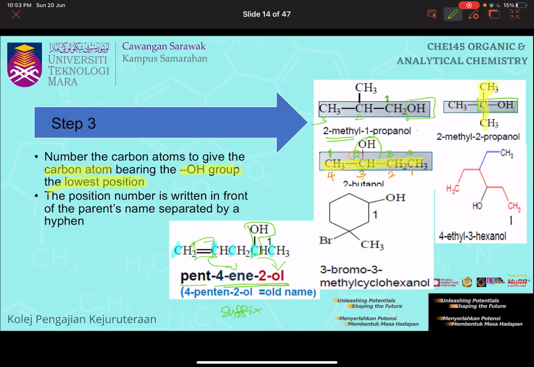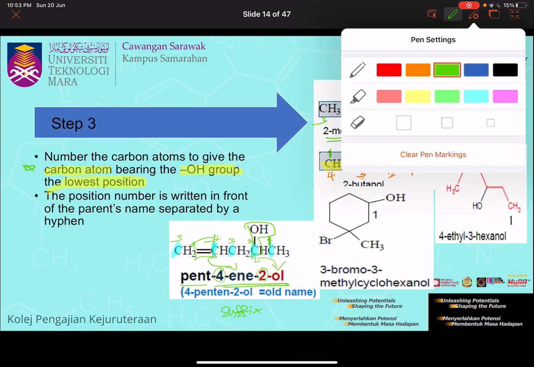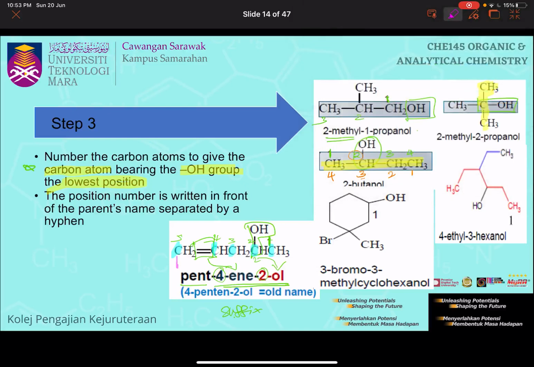So in this case, we follow this particular rule whereby the carbon atom bearing the OH group must have the lowest position. So that's why we start from the right hand side. Carbon 1, carbon 2, carbon 3, carbon 4, carbon 5. So your double bond will be at carbon 4, your OH will be at carbon 2. Why we don't start from the left hand side?